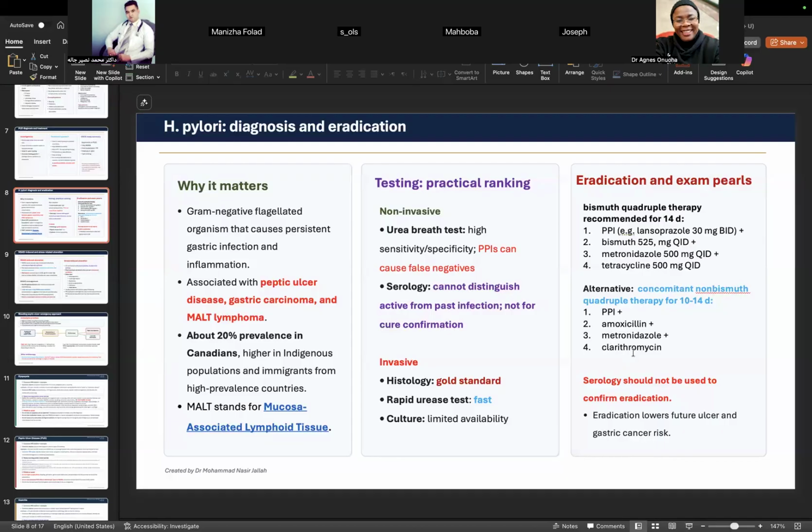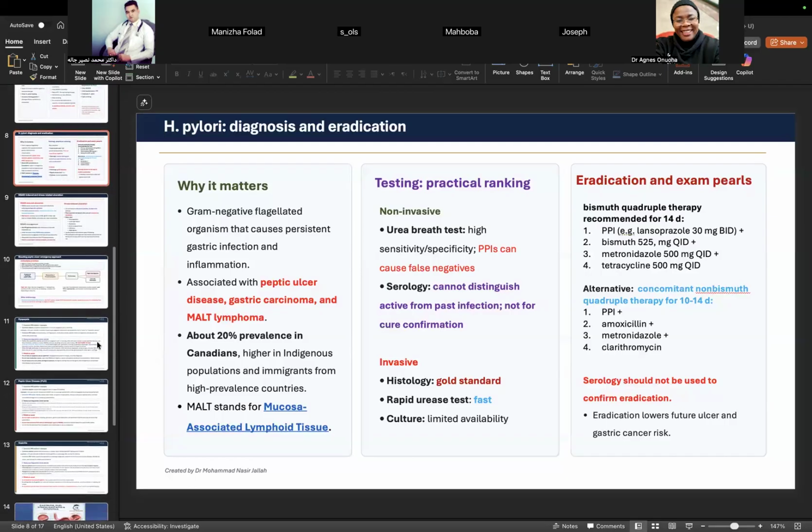They used to use them as a triple therapy, and it was causing everybody with H. pylori to come back with very severe diarrhea, and the chances of C. difficile were getting very high. So they came up with this, and the beauty of Bismuth is that it also controls the diarrhea. Serology should not be used to confirm the eradication. Again, do not use it. And let's move on.